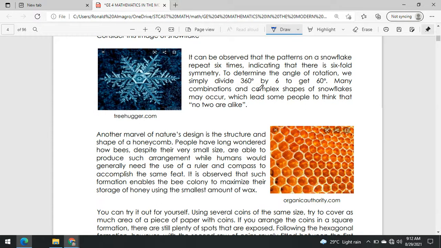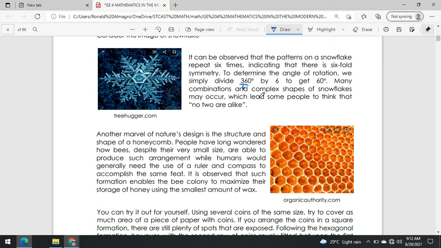Because the snowflake repeats 6 times, it has six-fold symmetry, so you need to divide 360 degrees by 6. Simply, 36 divided by 6 equals 6, add 0, to get 60 degrees.